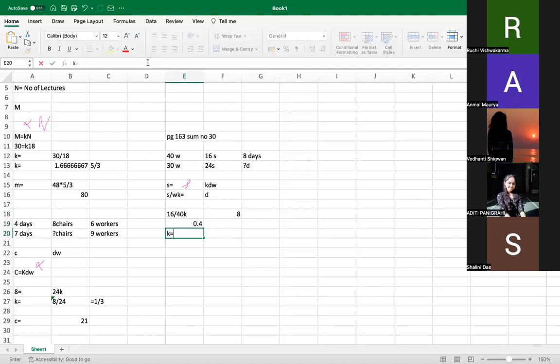So K is equal to 8 by 0.4, which is 20. K is 20. So let me equate it this way: 24 by 30, which is 0.8, and 20. That is 16 days. Are you following, class?